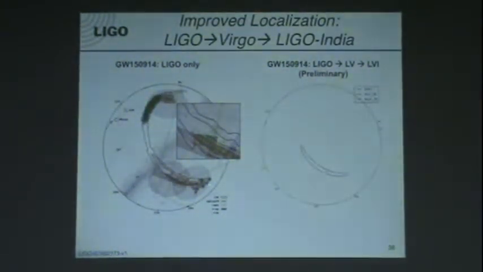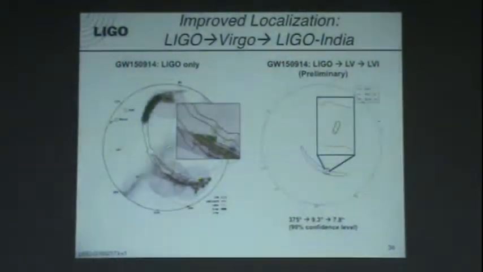But you can then do something further. If I bring on 2 new detectors, the Virgo detector and the India detector, and I take this error box, and I assume that those 2 detectors are working at the sensitivities that they're supposed to, and I just do a simulation, what you see is that this big blob down here, which I said was about 375 square degrees, goes down to 9.3 degrees if you just bring Virgo on, and it goes down to 7.8 degrees if you bring on India, and it even gets better if you bring on Hanford.